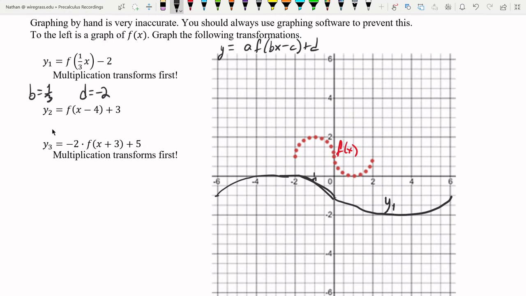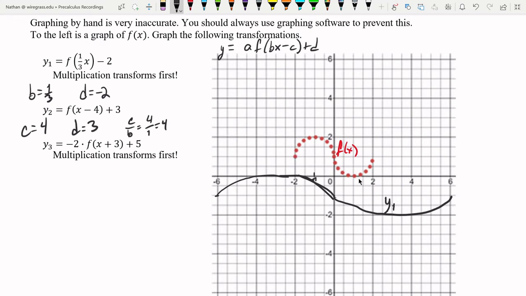Okay, the next one, we have c equal to not -4, right? It's minus c. So c equals 4 here. And d equals +3. Since b is not involved at all, b would be just 1 here, and so is a. c over b is 4 over 1, so that's going to be 4. That means it's going to be shifted right 4 units, and then up 3 units from d.